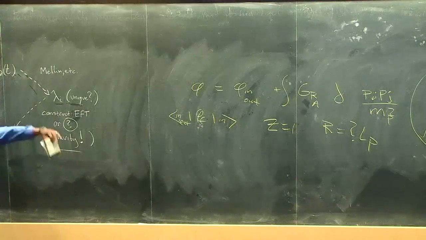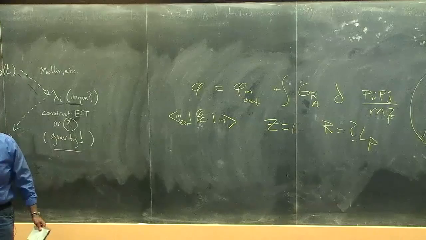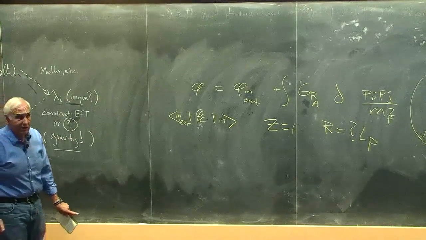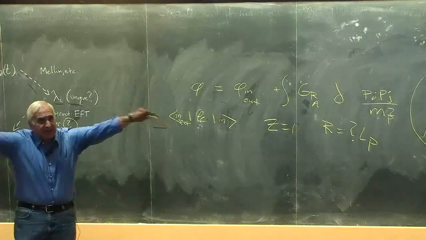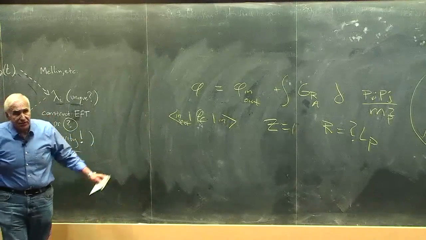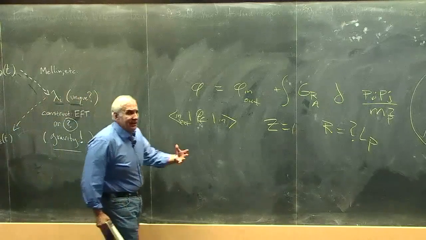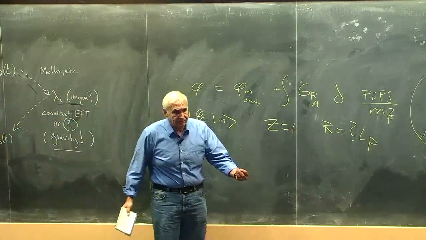So if you have a low energy scattering where all the little sub-energies are very small, but there are lots and lots of particles in it such that you start to create black holes, then the limit is extremely non-uniform.